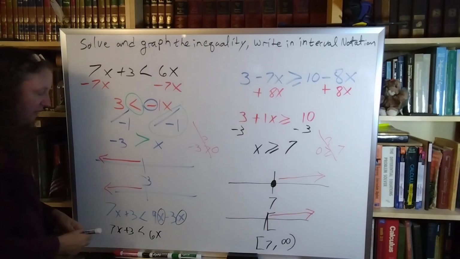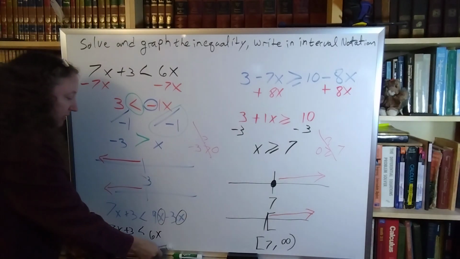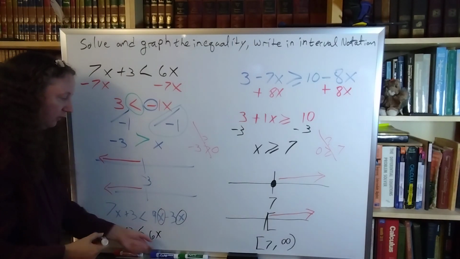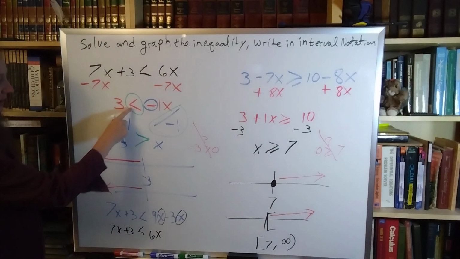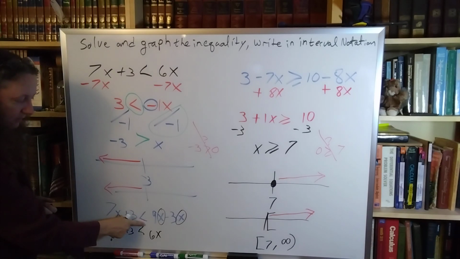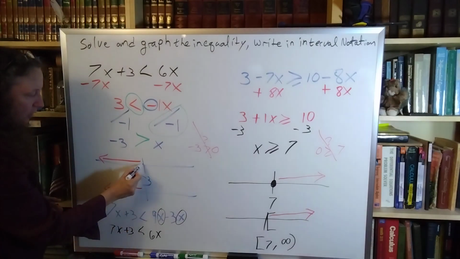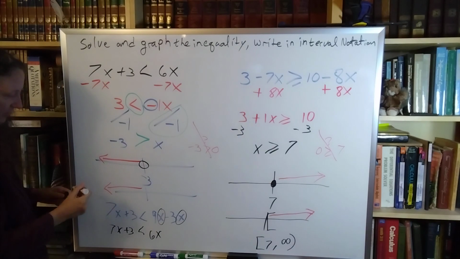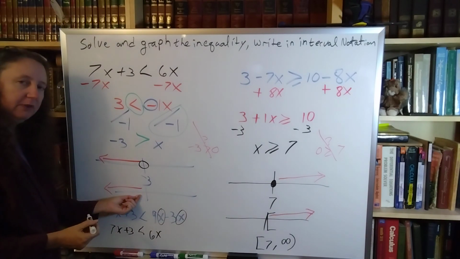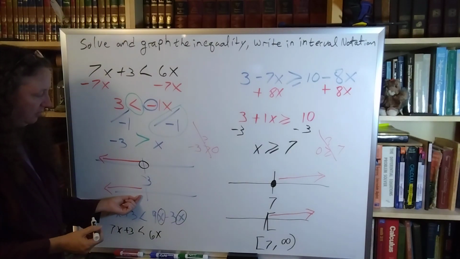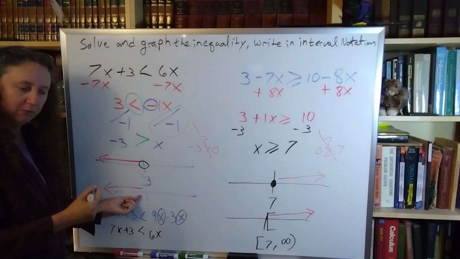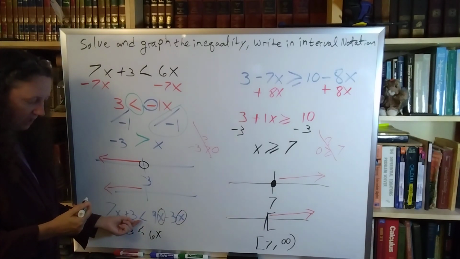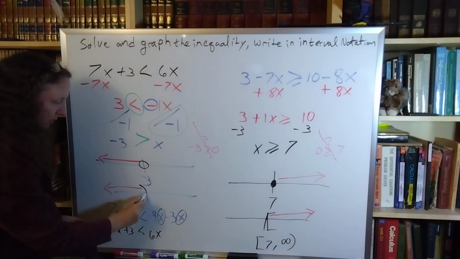Now I have to figure out, do I want the dot to be open or closed? It does not have an equal to sign on there, so it's going to be an open dot. If I'm using parentheses versus brackets, do I want it to be square or round? It does not have an equal to thing there, so I want it to be round.